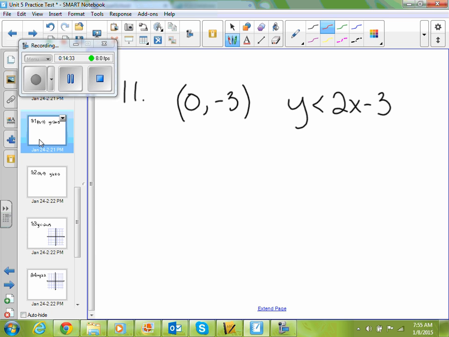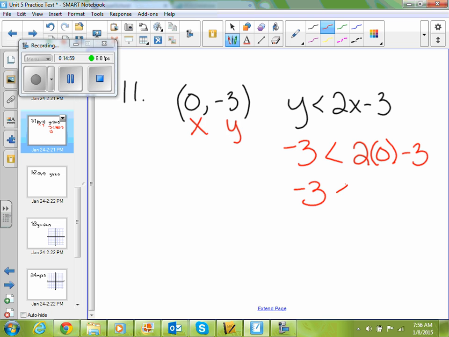So number 11, I'm given the ordered pair (0, -3) and the inequality y < 2x - 3, and I need to decide if that is true. So I let x be 0 and y be -3. If I plug those in, I get -3 < 2 times 0 minus 3.